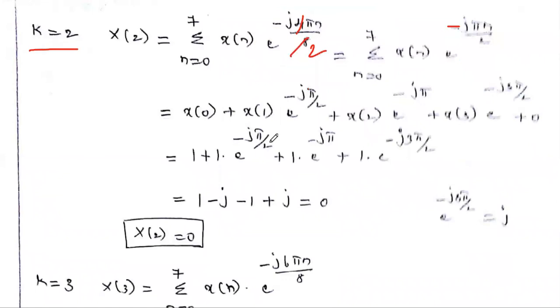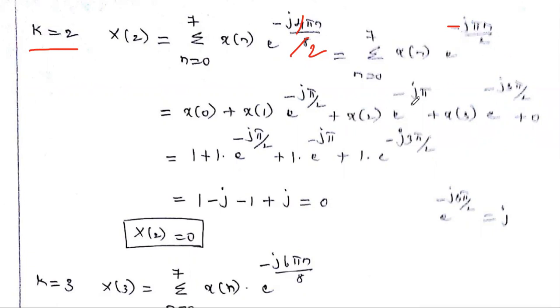Next, we have to expand this summation. If you expand, first put n equal to 0 in the above equation. We get x of 0 into e power 0, which is 1. Plus put n equal to 1, x of 1 into e power minus j pi by 2. Plus put n equal to 2, x of 2 into e power minus j pi 2 by 2.